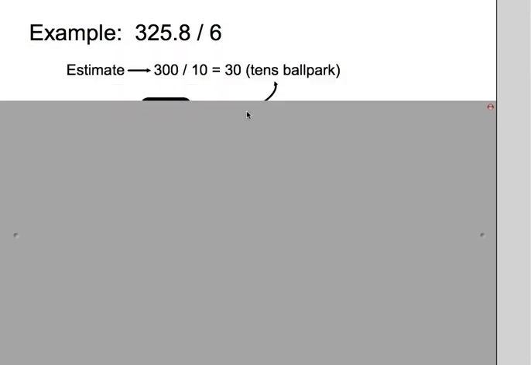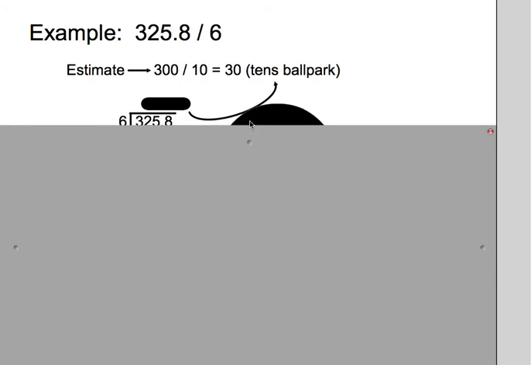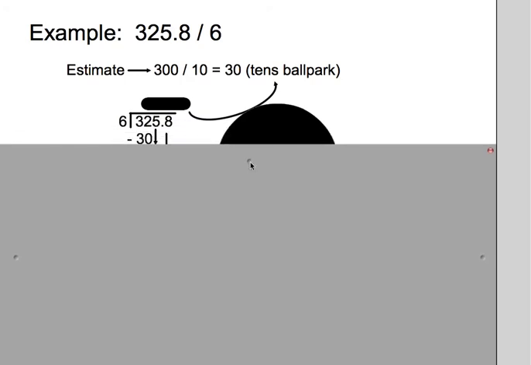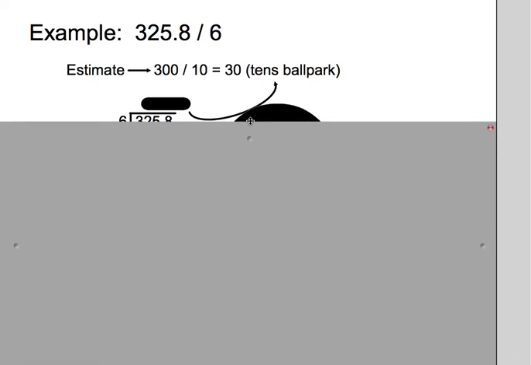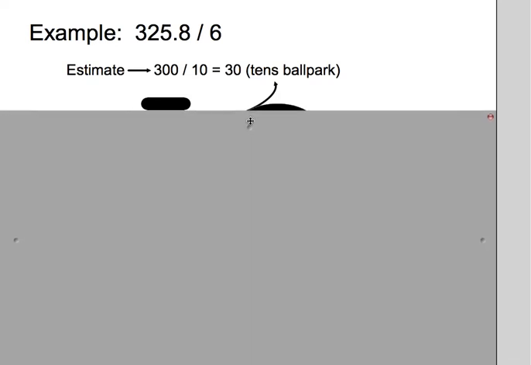So if I'm looking at this problem, I'm going to think 300 divided by 10 equals 30. So I know that I'm in the tens ballpark. My answer should be in the tens.